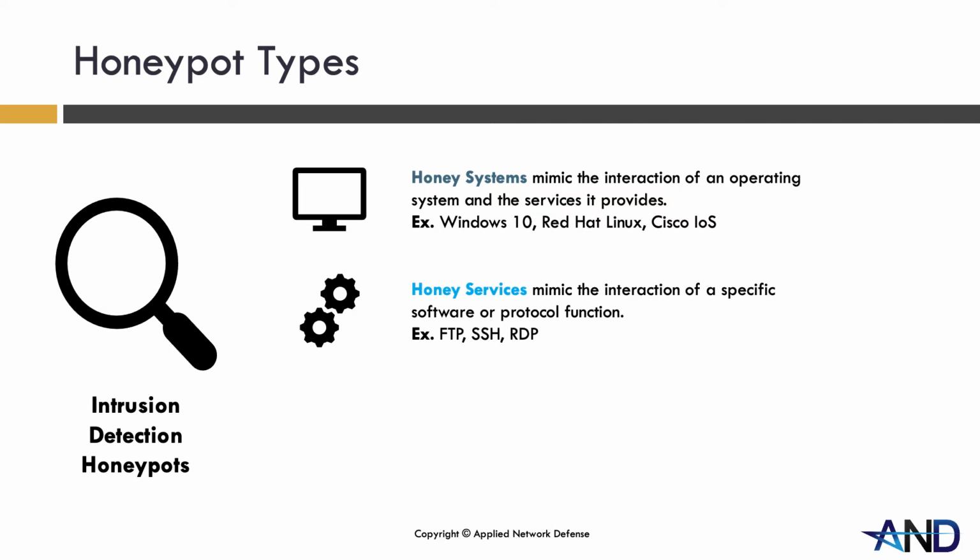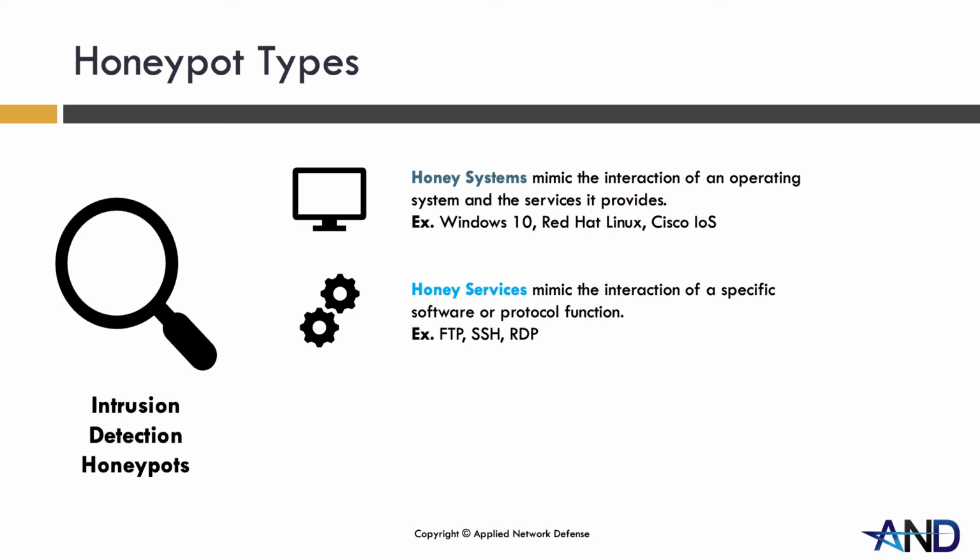For example, an FTP honeypot or honey service would maybe allow an attacker to authenticate and upload and download files. You can certainly replicate this with actual FTP software, or you can replicate it with software designed to emulate FTP without actually providing the full range of service. So for instance, something that allows initial authentication but no actual upload or download of files, or maybe even only upload. So if the attacker tries to upload something, you can grab that and see what it is.